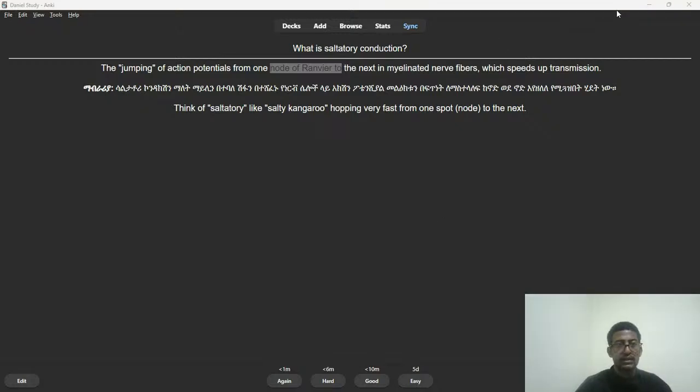Alright, node of Ranvier, node of Ranvier. Is it the unmyelinated part or the Schwann sheath? It's the unmyelinated part. I guess it's a node. Let's edit it again.